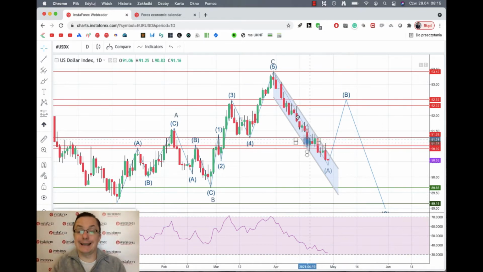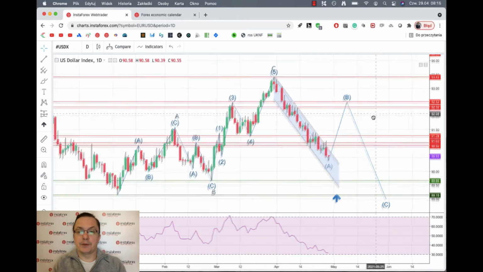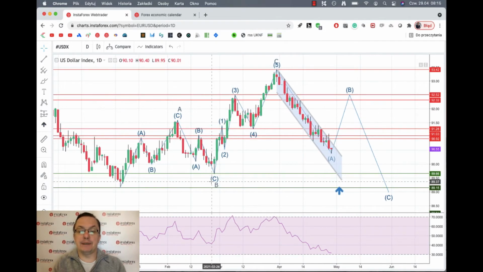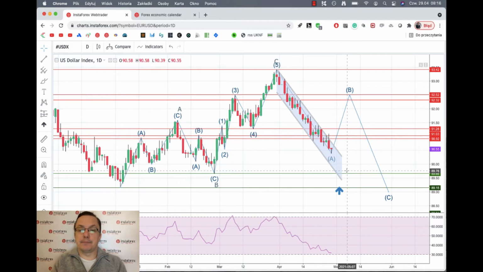Those levels were the key technical support for the market, and as you remember, we've been following this ABC counter-trend bounce towards 93.42, and since then we are following another wave down scenario, which might be impulsive in nature.